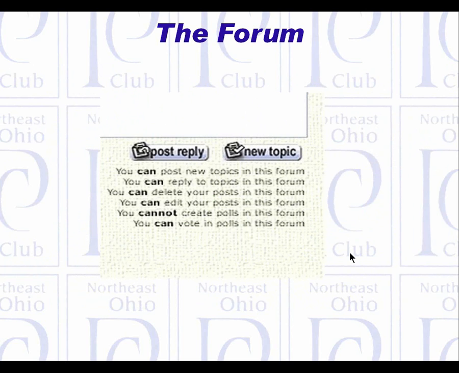You can reply to topics in this forum. You can delete your posts in this forum, not someone else's but yours. You can edit your posts in this forum, your post, not someone else's. And you cannot create polls in this forum. You can vote for a poll that's in this forum. And that shows up every time you're in a forum.